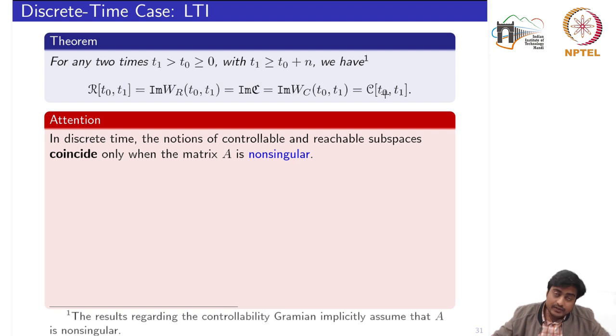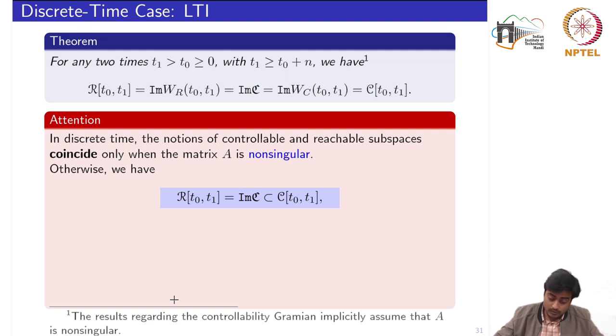Now, if that does not hold, the matrix A could be non-singular or singular. In this case, the reachable subspace would be equal to the image of the controllability matrix, and both these spaces would be a subset of the controllable subspace.